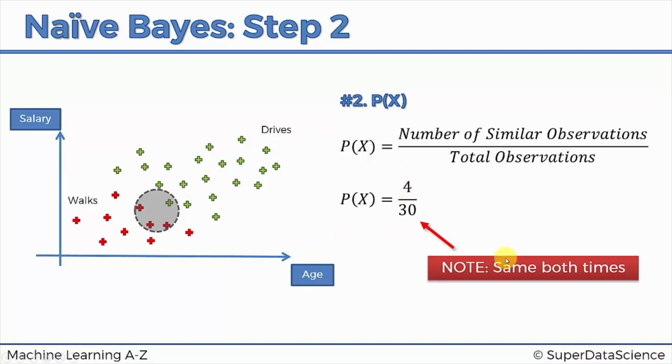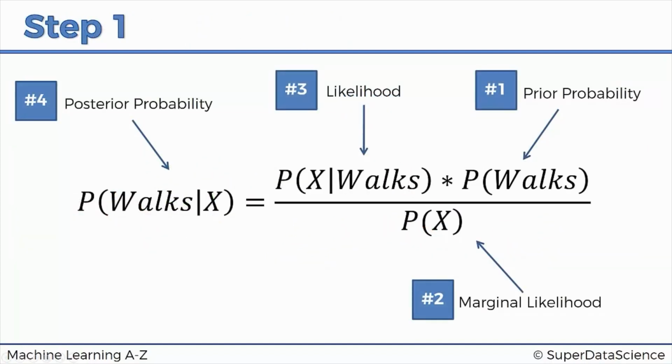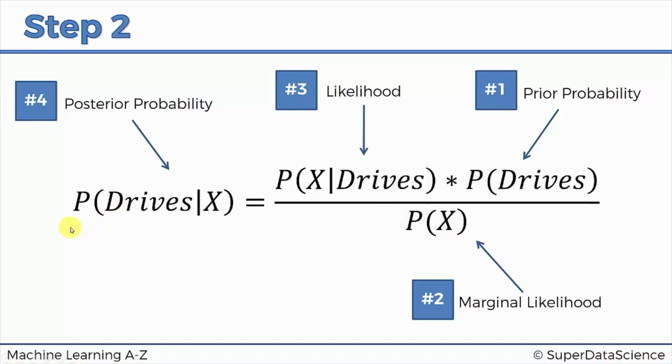And therefore it's the same both times. So what does that mean? Well, let's have a look at the formulas. You can see that the formula in step 1 was the probability of a person who exhibits features X walking to work. And that was the formula, and you can see P of X is at the bottom. And for step 2, it was the probability of a person who exhibits features X being a person who drives to work.